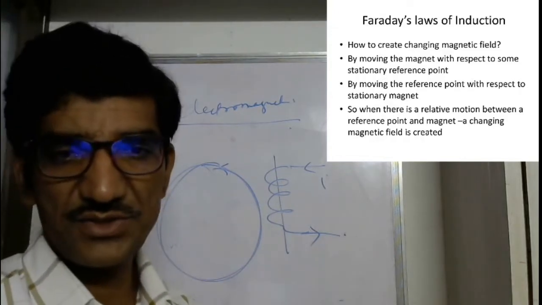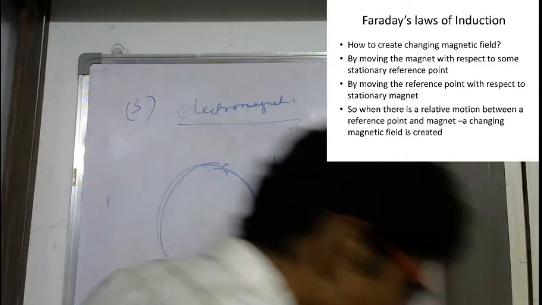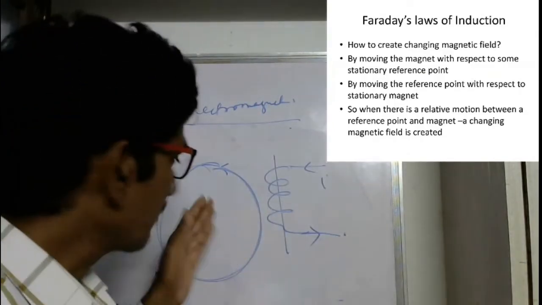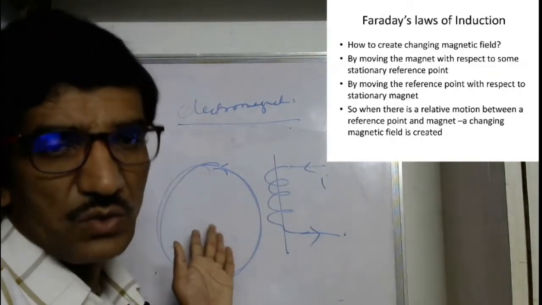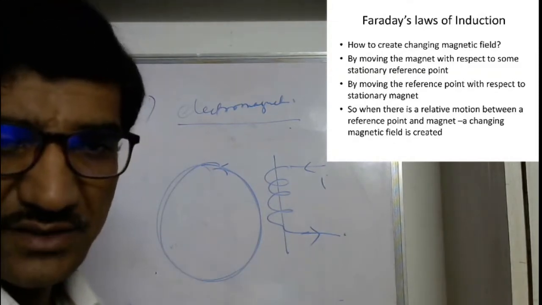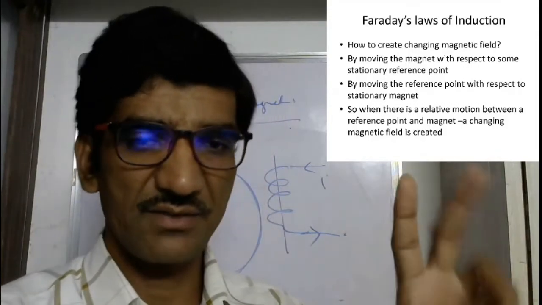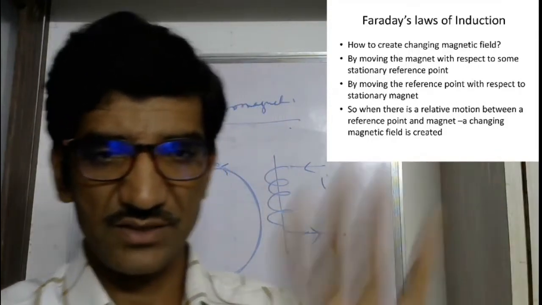In this area we are placing our conducting loop in order to get the induced current. It is a different thing. We are talking only about the varying magnetic field without referring to the coil.